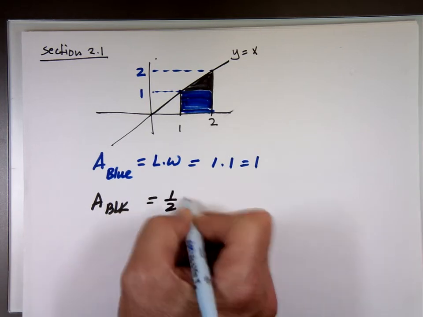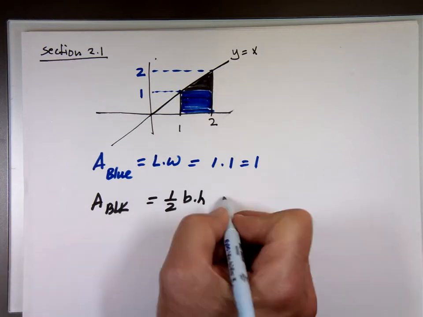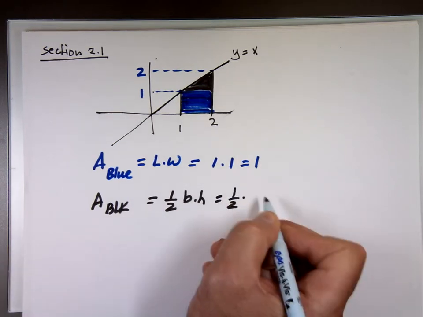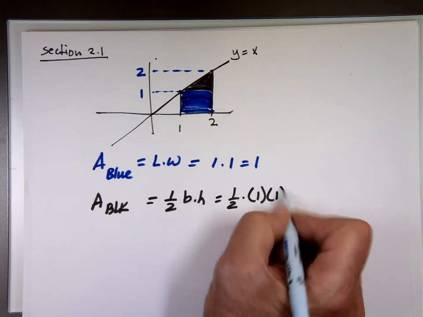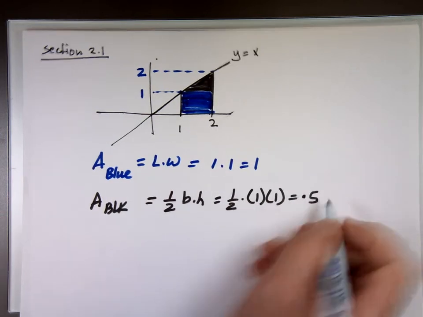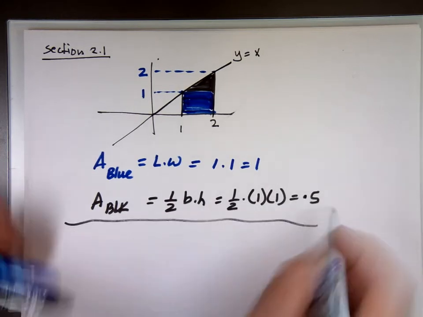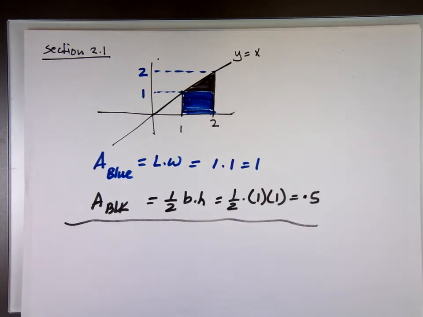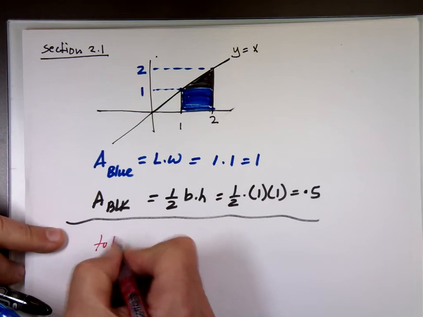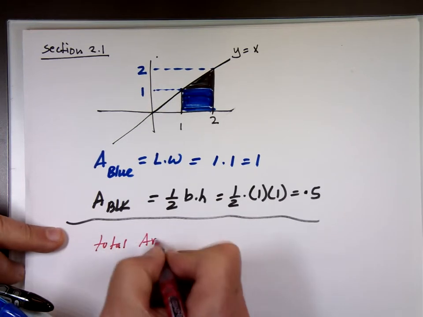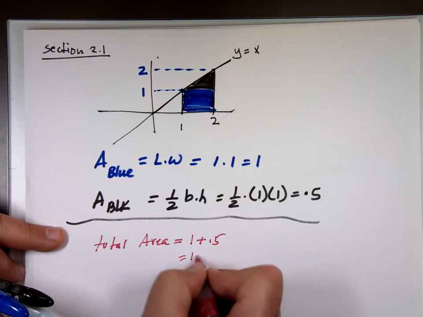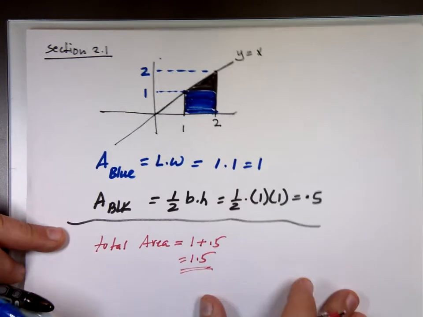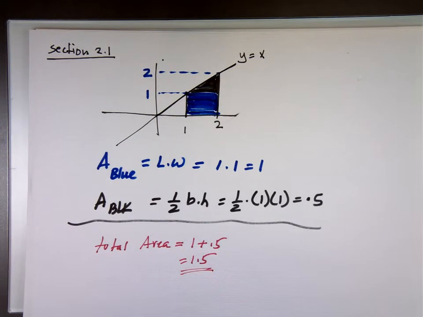So 1/2 base times height. 1/2 the base, which is what? 1, and the height, which is what? 1, that's 0.5. So what is the total area now? One plus 0.5, which is 1.5. Square units, whatever the units are, inches, millimeters, whatever we're using there.